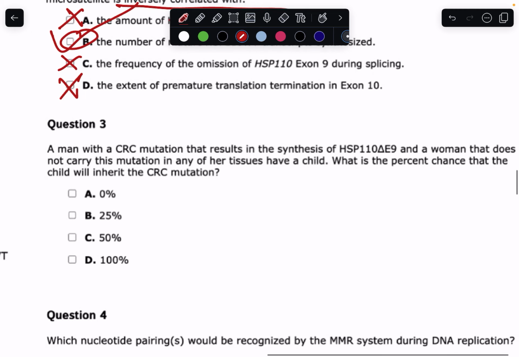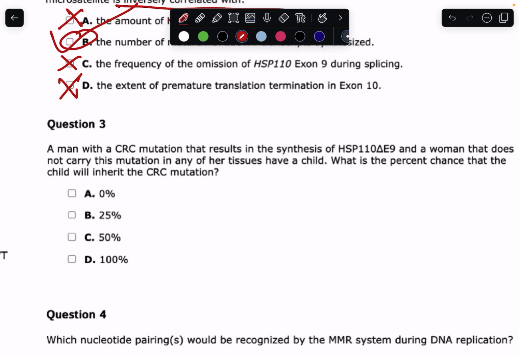All right, question 3. A man with a CRC mutation that results in the synthesis of HSP110 delta E9 and a woman that does not carry this mutation. So this dad has this mutation, and the mom does not carry this mutation. What is the percent chance that the child will inherit the CRC mutation?